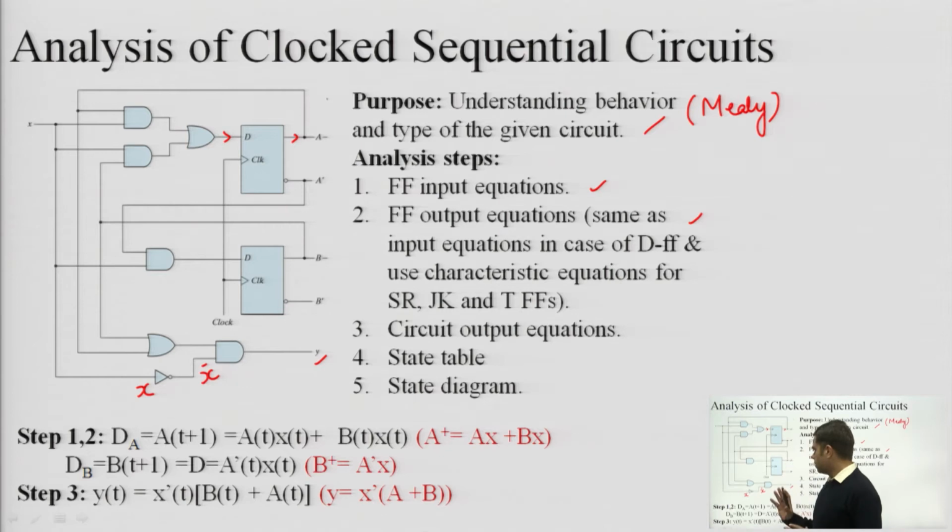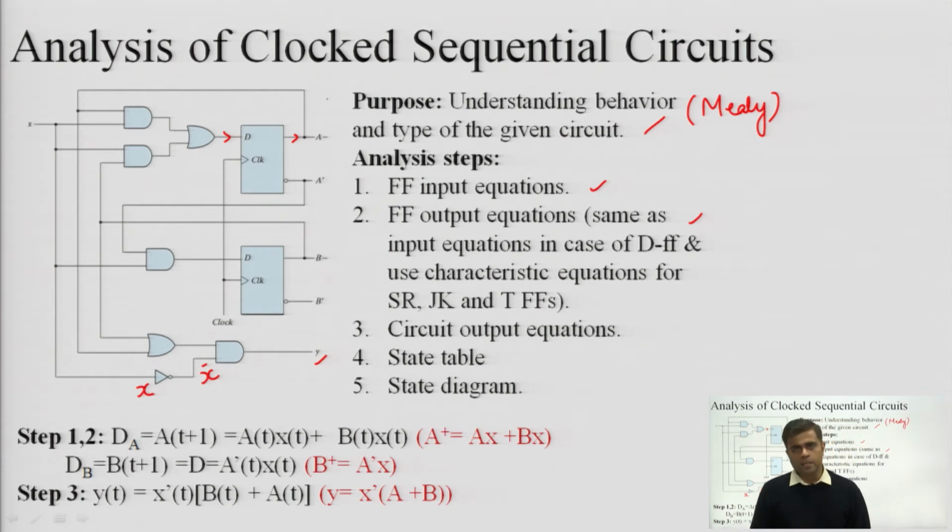But most of the times the examiner will be asking questions based on D flip-flop, in which the output will be equal to the input. The only difference is the notation: if this is t plus 1, then the previous will be considered t.